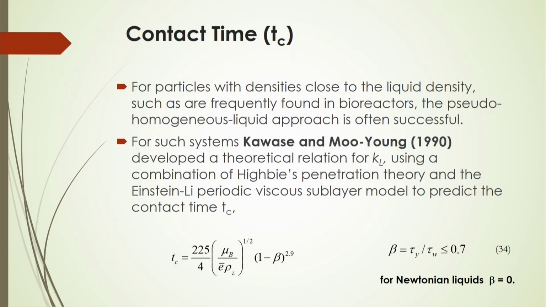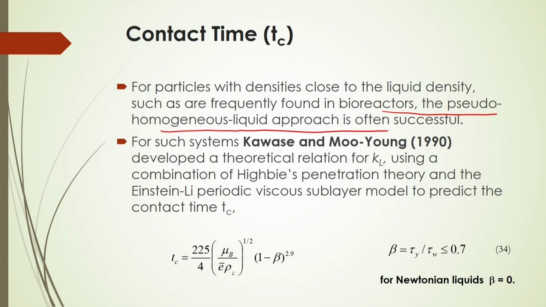Now, for particles with densities close to the fluid density, such as are frequently found in bioreactors, the pseudo-homogeneous liquid approach is often successful. So, for such systems, Kawase and Moo-Young 1990 developed a theoretical relationship for the individual mass transfer coefficient, using a combination of Higbie's penetration theory and the Einstein-Lee periodic viscous sublayer model to predict the contact time.